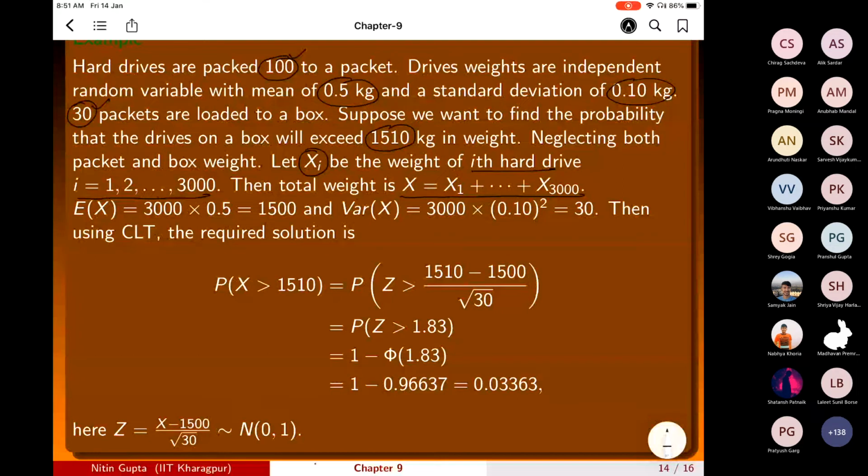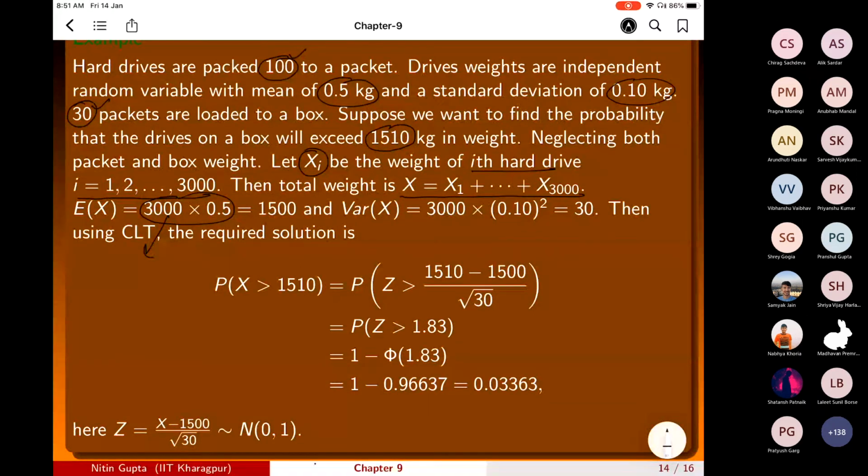Because they are basically IID, independently identically distributed, the mean will be 3000 into 0.5, the mean of one of them, because it is the summation of Xi: the mean of the first plus the mean of the second plus the mean of the 3000th.